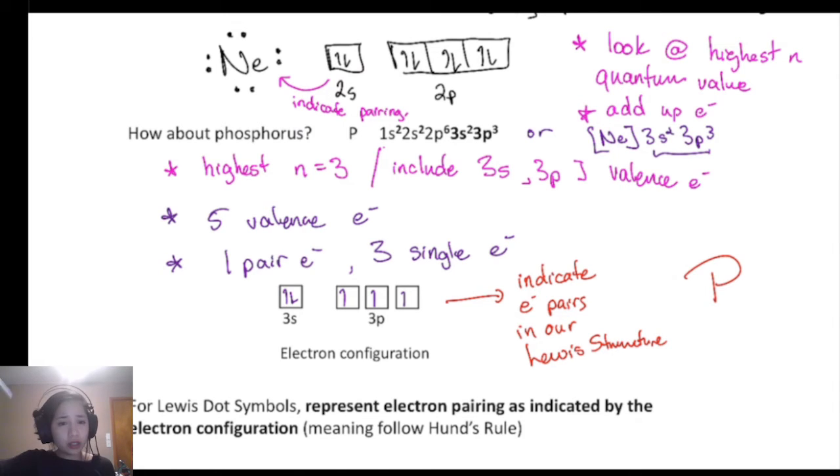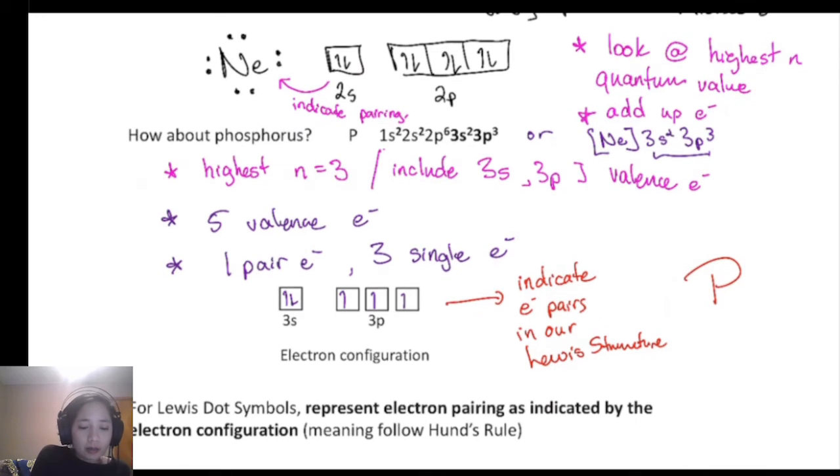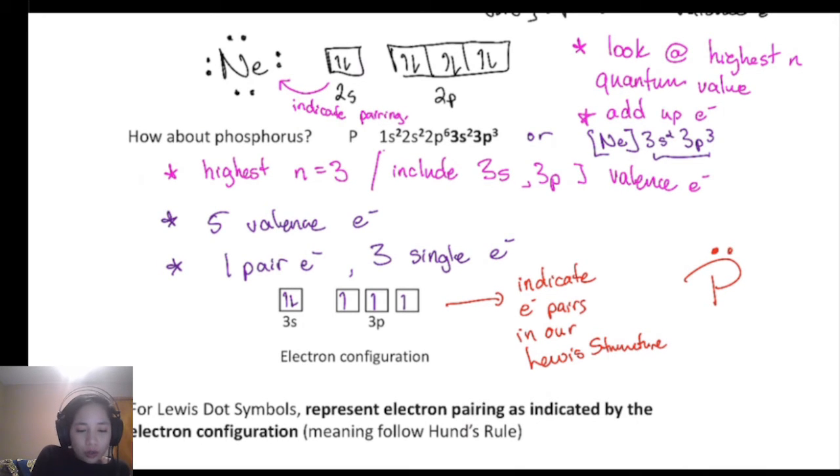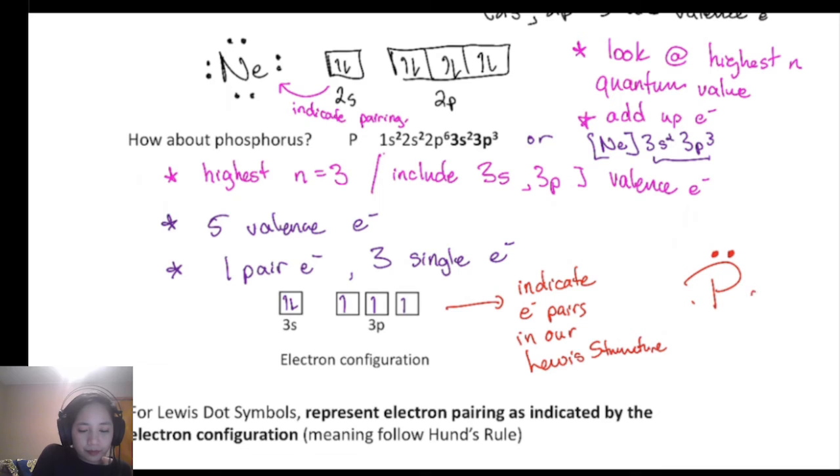You can't just start putting dots around it willy-nilly. You have to indicate the pairing. So we're going to have 2 electrons for our 3s orbital. It will look something like this. We have 5 electrons around phosphorus, and the pair indicates our 3s2 electrons.